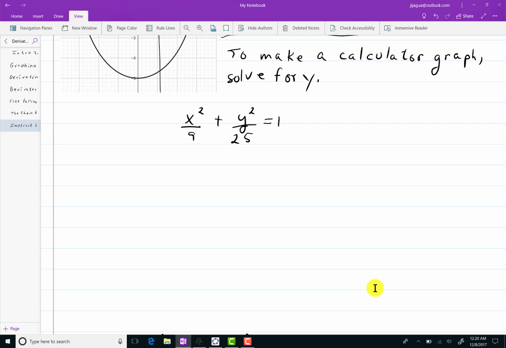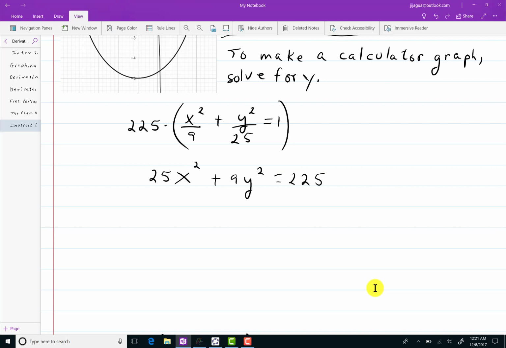Why would I do that? Because it'll clear the denominator. So if I multiply this whole equation by 225, here's what I end up with: 25x squared, since 25 times 9 is 225, plus 9y squared equals 225.